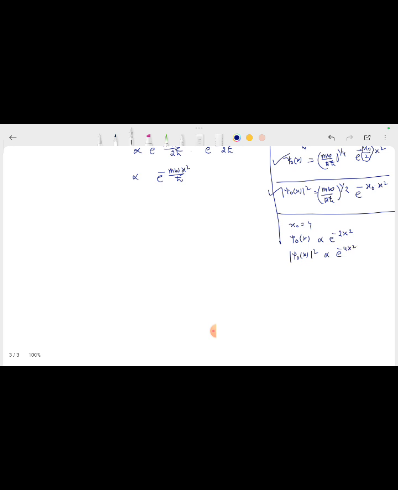If we take x equals to 1, psi 0 is proportional to e to the power minus 2, which is 1 by e to the power 2, and psi 0 mod square equals e to the power minus 4, so assume 1 by e to the power 4. So which one is actually greater here? Psi 0, right?